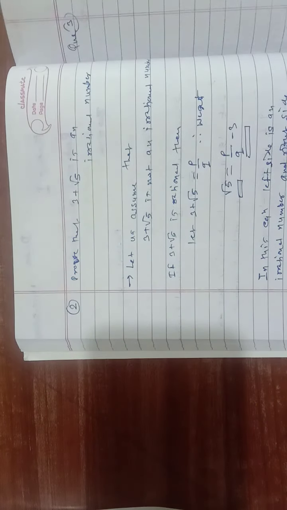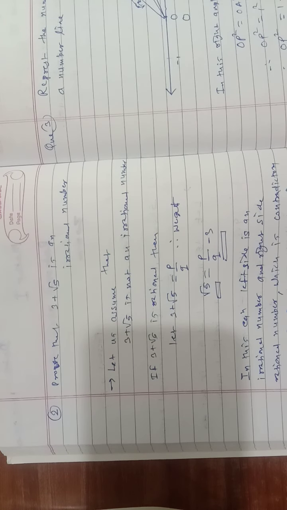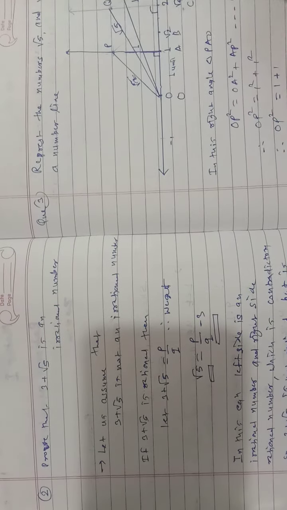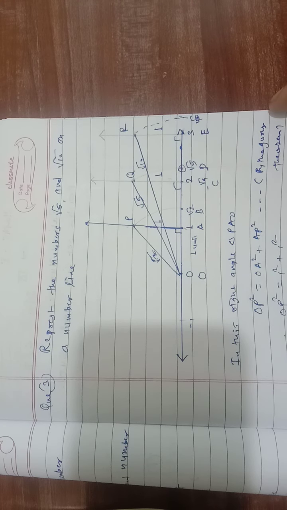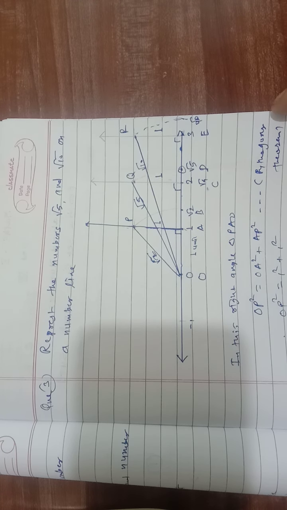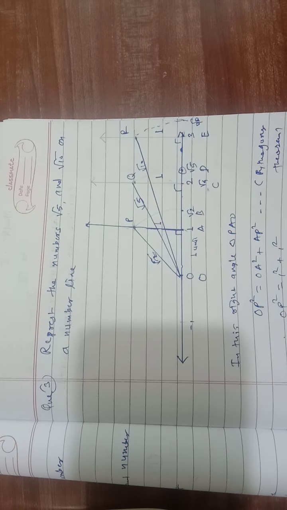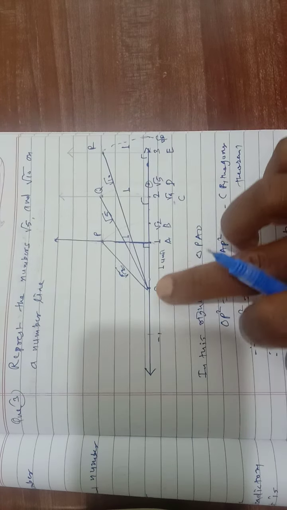In the last period, we studied practice set 2.2 from question 1 to question 3. In question 3, we represented the numbers root 5 and root 10 on a number line. Means these irrational numbers are shown on number lines.